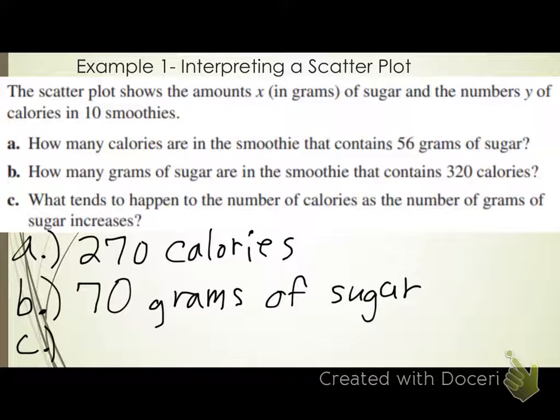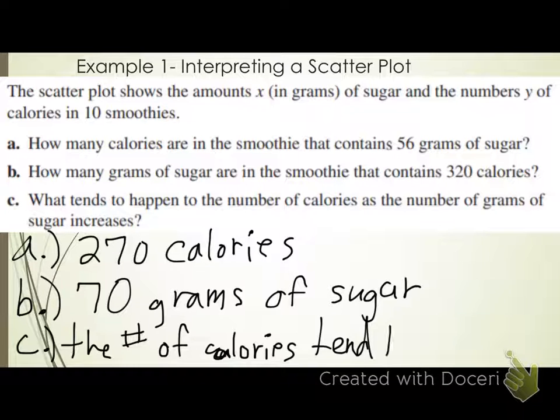So I would say the number of calories tend to increase. And that'd be my answer for letter C. Questions on that? Now I'm done answering all three questions. How do we feel about example 1? That was pretty easy. All right, can I move on?